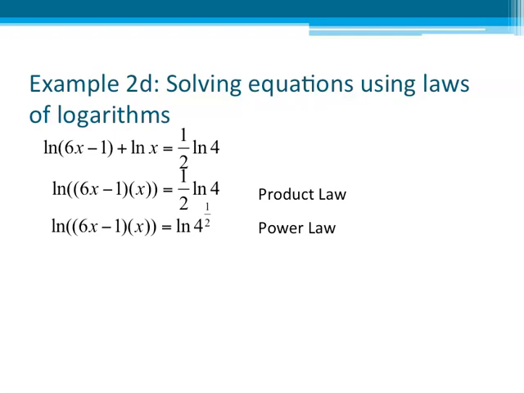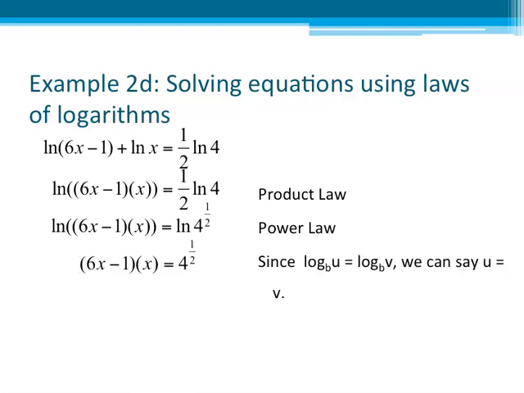Now that we have a single logarithm on either side, we can write this without the logarithms. So 6x minus 1 times x is equal to 4 to the 1/2. Now we can multiply and simplify the right-hand side. So we have 6x squared minus x equals 2. Right? 4 to the 1/2 is the same as square root of 4, which is equal to 2.